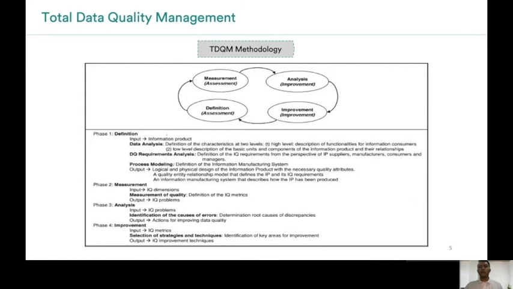And lastly, we have improvement, which covers the key areas for improvement that are selected, along with the strategies and techniques. The strategies and techniques are applied within the improvement phase in the total data quality management methodology.